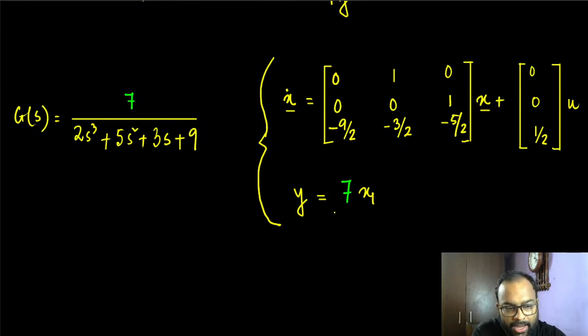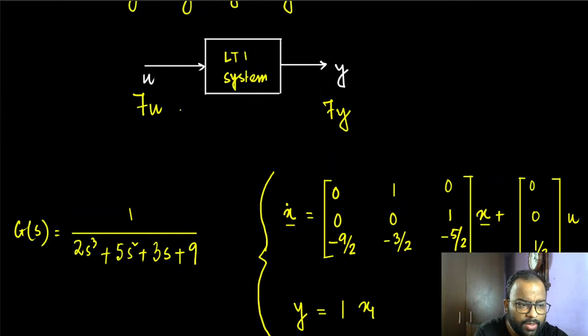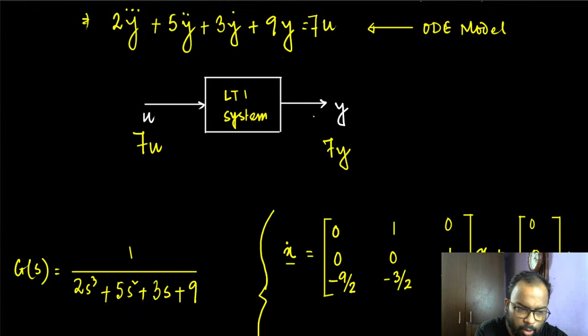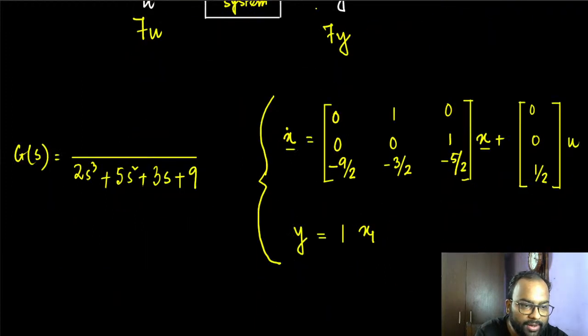And that way you have a different C matrix here. When I had u as the input, y was the output. Now when I have 7u as the input, 7y is the output, obviously because of linearity. That is something we can incorporate here.